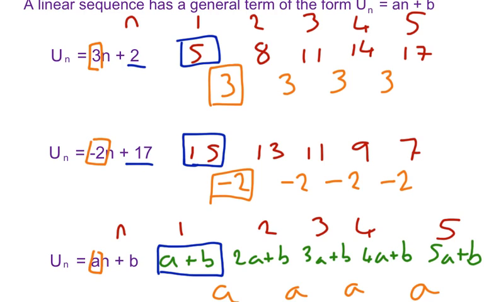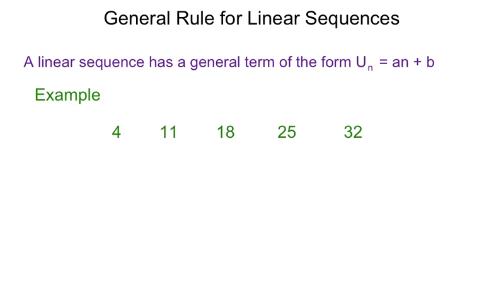So let's have a look at a couple of examples without the rule given to us to start with. Here we have the sequence 4, 11, 18, 25, and 32. The first thing we do is we find the common differences, and it's 7, 7, 7, and 7. So the difference between each of the terms is 7. From our general rule then, we know that un is equal to 7n plus b.